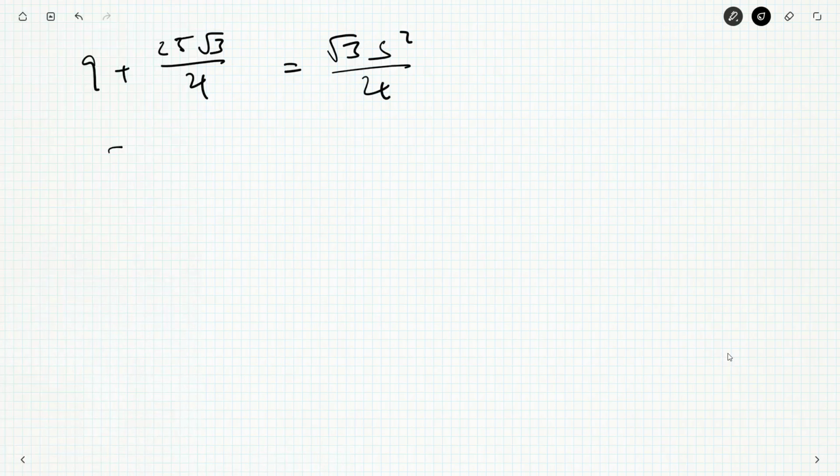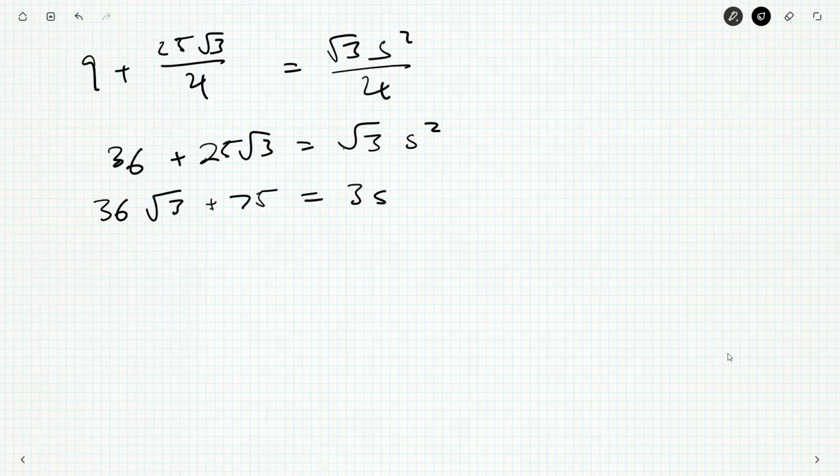So multiply by 4, we get 36 plus 25 root 3 is root 3 s squared. Okay. 36 root 3 plus 75 is 3s squared. Divide by 3 on both sides. 12 root 3 plus 25 is s squared.